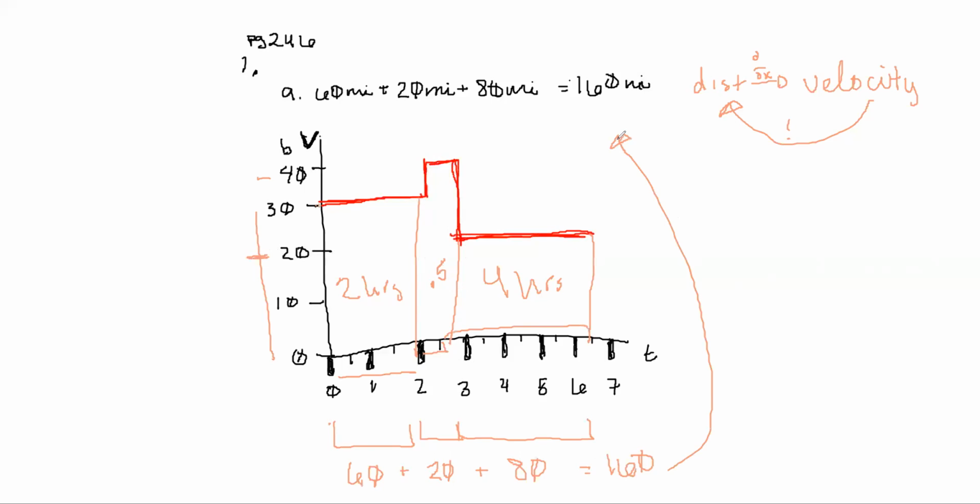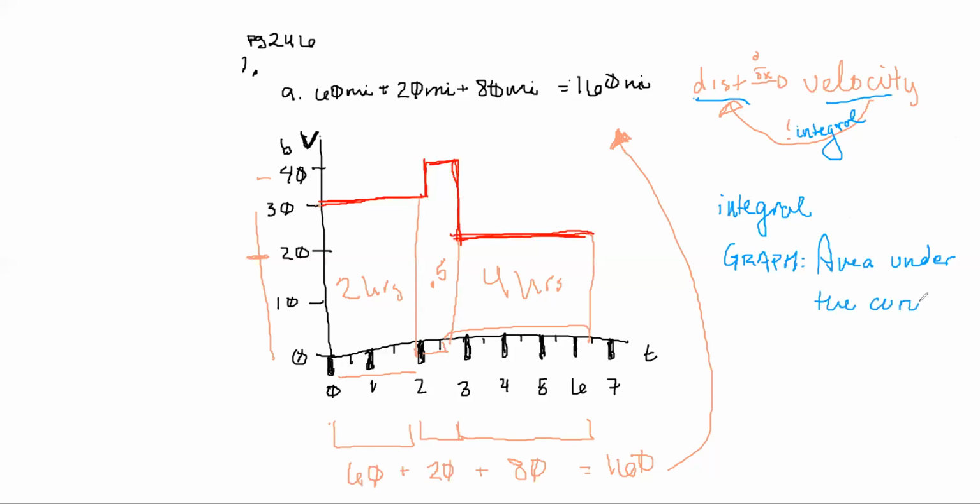So basically what we did there is we said that, okay, we have velocity. Now we need to go backwards from velocity to distance. How can we do that? Well, this is taking the integral. And the integral has a graphical representation of area under the curve.